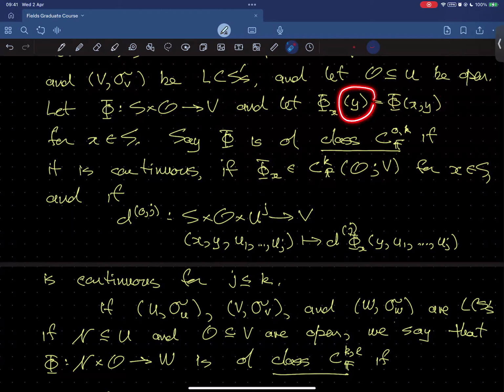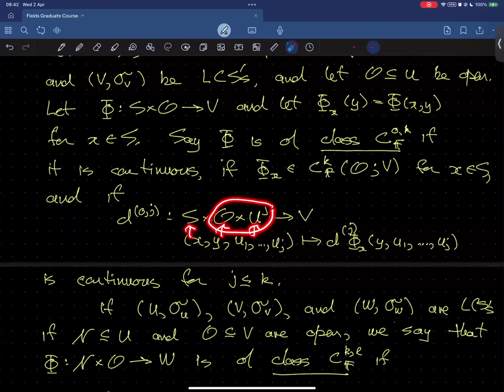It's class CK in Y, but it's more than just that. If I fix X and take the jth derivative, the jth derivatives are continuous as functions on S cross O. This is the usual domain of the derivative, but it's also a continuous function on S. That's what it means to be of class C0K.